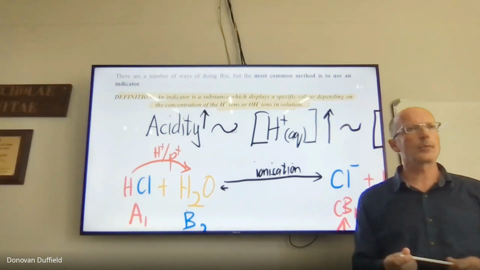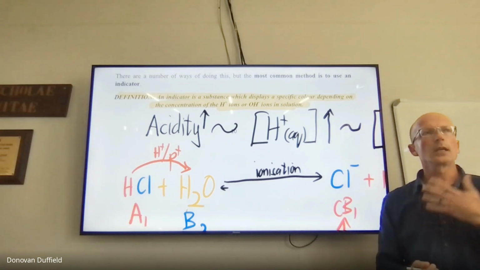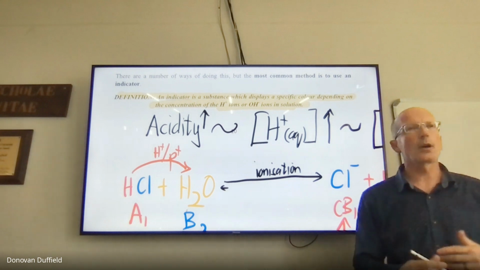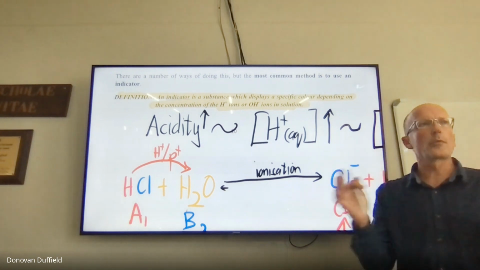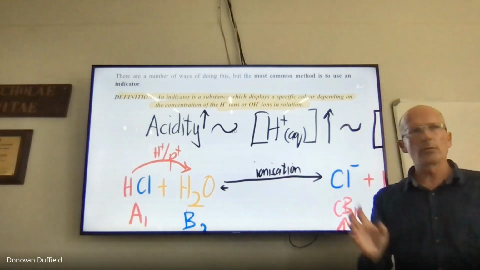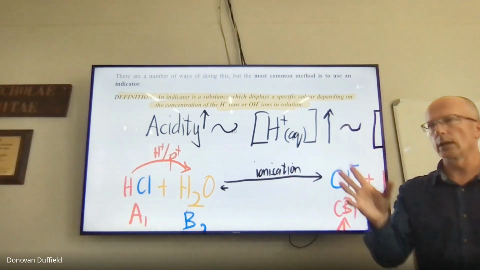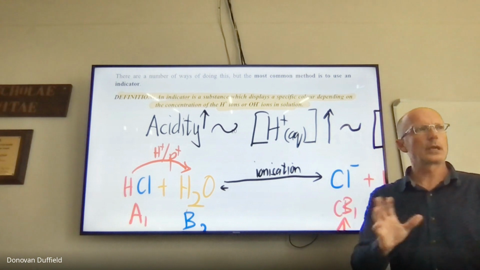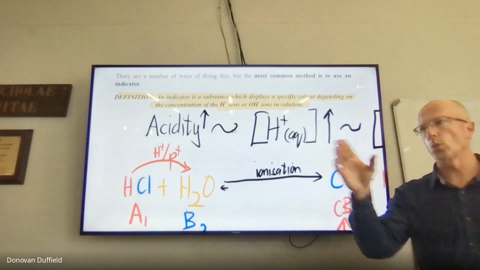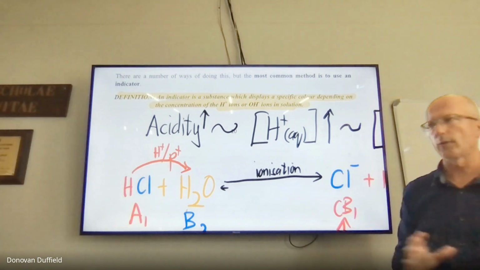Now, if you are colorblind like I am, indicators are not very useful, because I have a bit of a problem with color discrimination. I can see primary colors, blue, red, green, that's fine. But when it starts to get these shades, I can't see that this is pH 7.5 or 8.9 or 3.5, whatever.